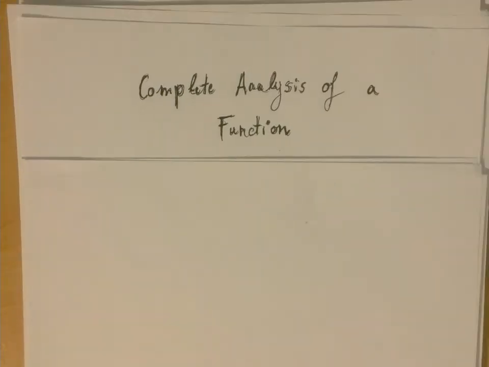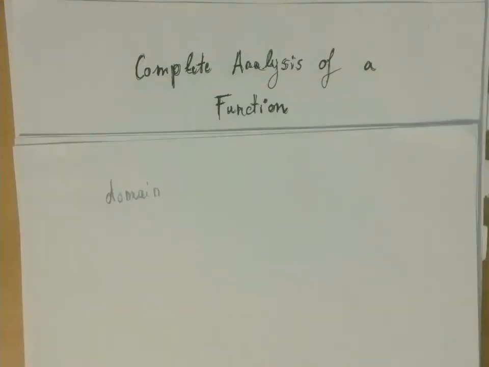Okay, so the first question is often the easiest question, that is the question of domain. As you may know, a function is an assignment between elements of two sets, a non-empty set called the domain and another set called the range. And so what is the domain of a function? That is the first question on this list.